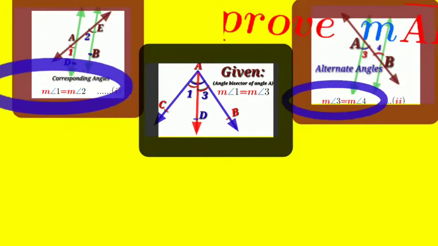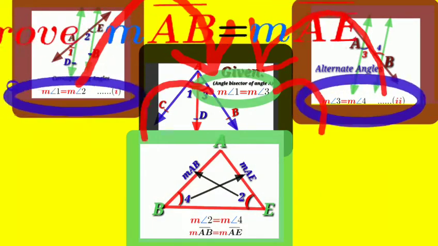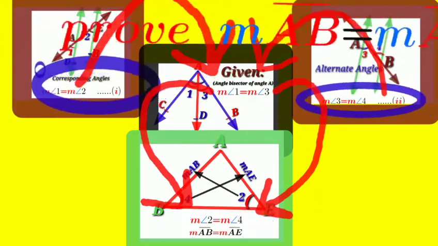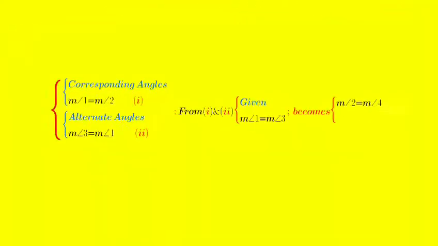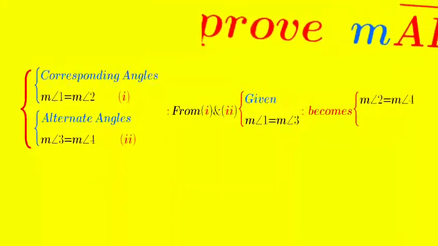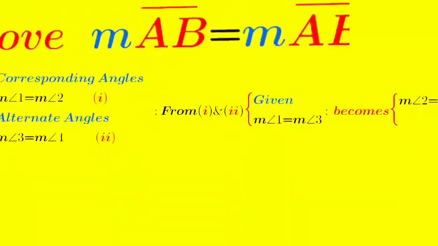The given equation, angle 1 is equal to angle 3, makes another equation which is angle 2 equal to angle 4. So from equation 1 and equation 2, using the given, we get angle 2 is equal to angle 4.